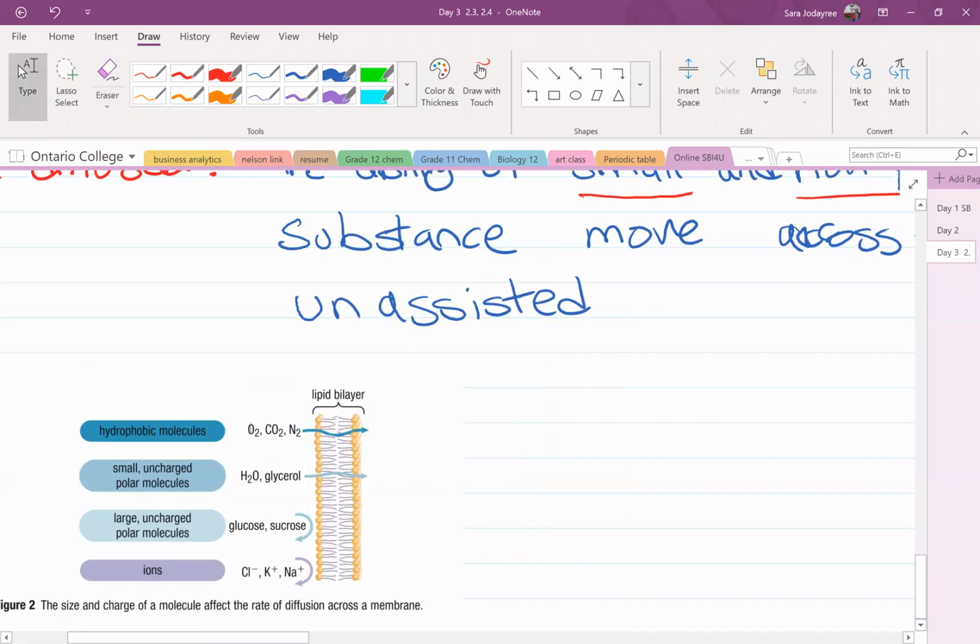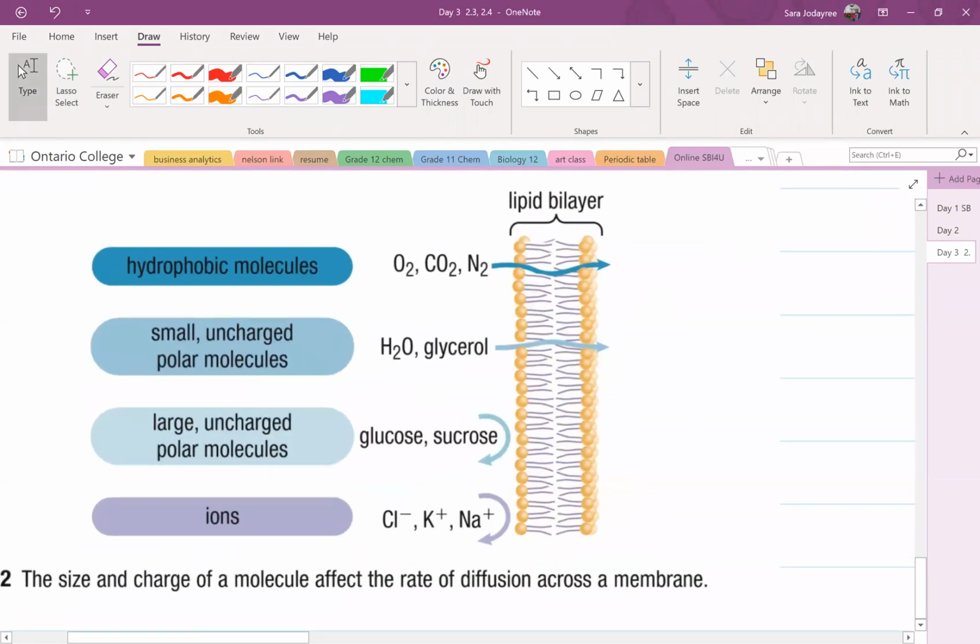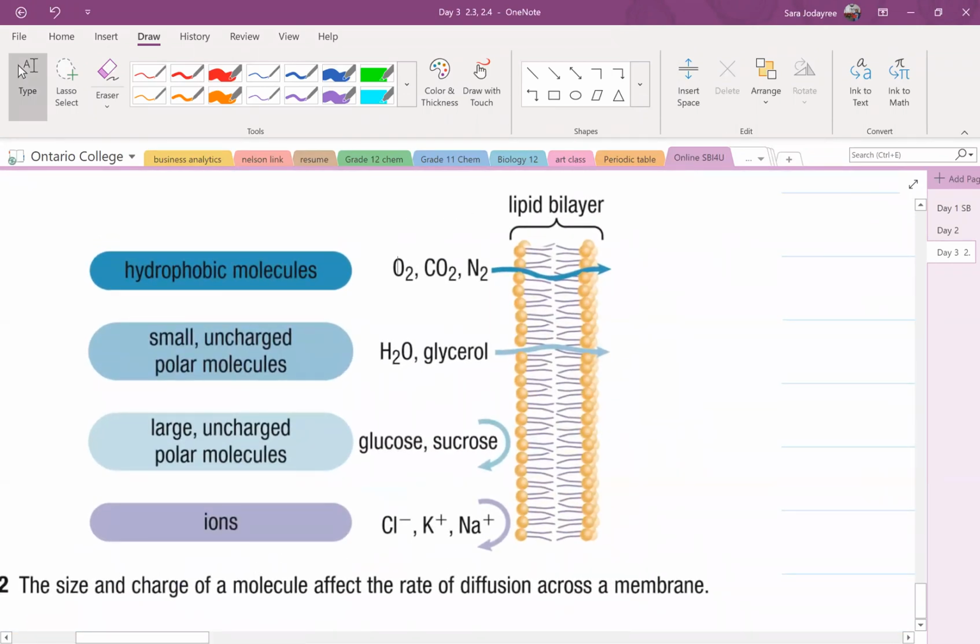Then it talks about non-polar molecules. Non-polar steroid hormones or non-polar drugs can actually move easily like this. Glycerol here is a small uncharged polar molecule. They move. Non-polar drugs can easily move from one side to another. So that is simple diffusion.